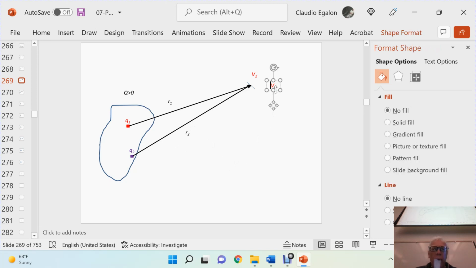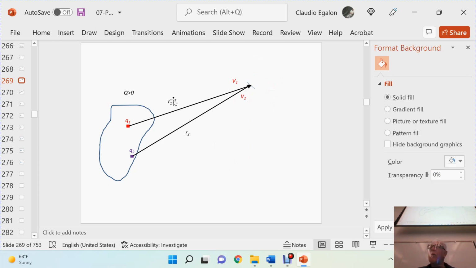This V1 is this one right in here. V2 is this one right in here. But the distance is different, right? And so on. That's the idea that you must have.